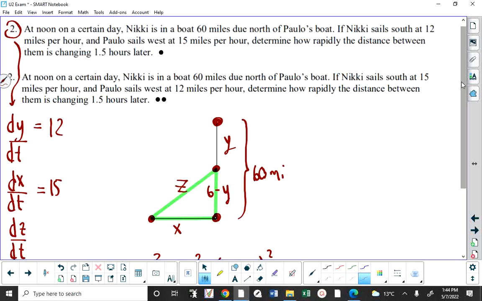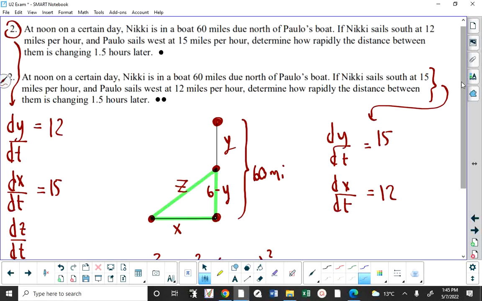If you're looking at version 2, then dy/dt is the rate at which Nikki is sailing south, but in version 2, she's sailing south at 15 miles per hour. dx/dt is how fast Paulo is sailing, and in version 2 Paulo is sailing at 12 miles per hour. And of course, you're trying to find dz/dt.